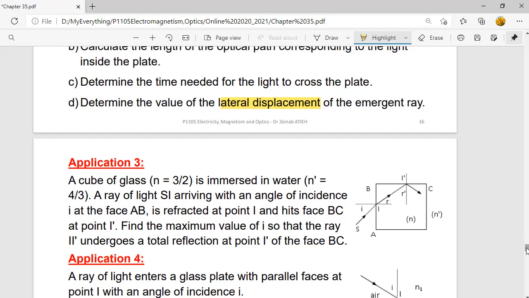Find the maximum value of I so that the ray I prime undergoes a total reflection at point I prime of the face BC. So he's asking that the ray I prime undergoes a total internal reflection at the face BC.